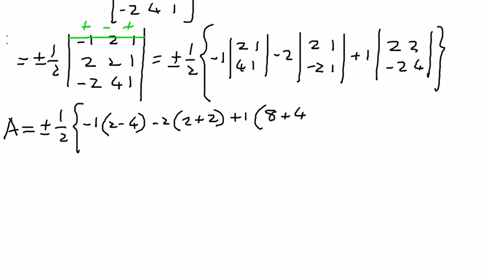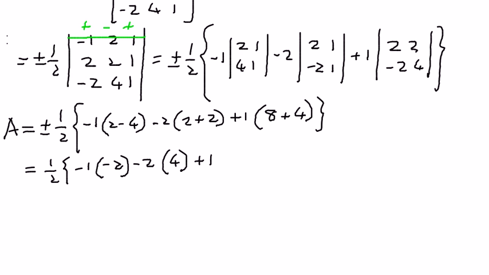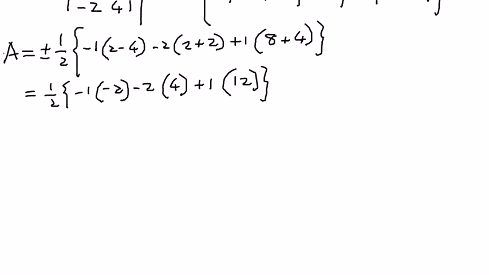Because negative times negative is a positive. When we simplify this, it's going to be 1/2 times -1 times -2, 2 minus 4 is -2, minus 2 times 2 plus 2 is 4, plus 1 times 8 plus 4 is 12. So we got all the math simplified here, and we can simplify this some more.